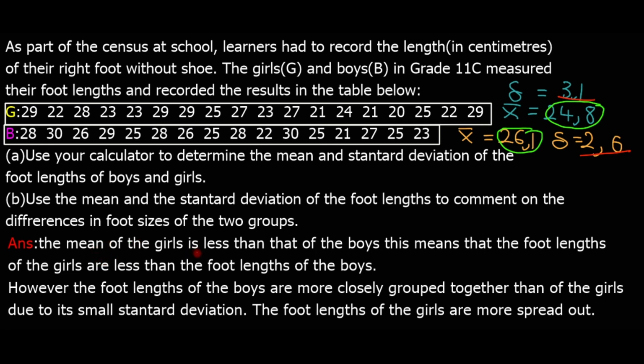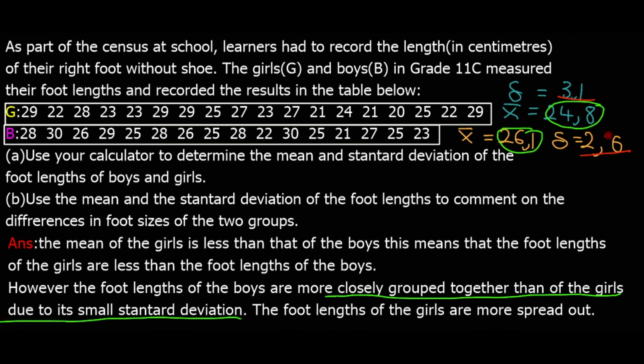The mean of the girls is less than that of the boys. This means that the foot length of the girls are less than the foot lengths of the boys, because ka kgona bona gore average size ya girls ke nyane e feta ke ya the boys. However, the foot lengths of the boys are more closely grouped together than of the girls due to its small standard deviation.